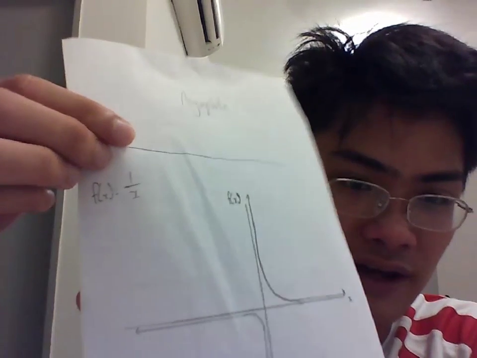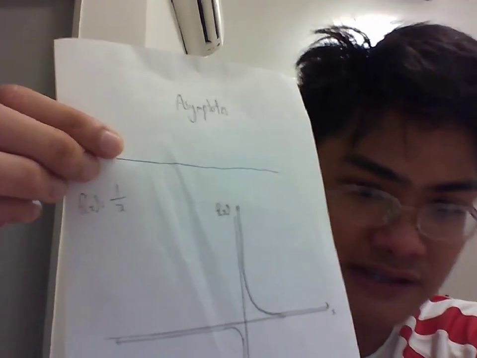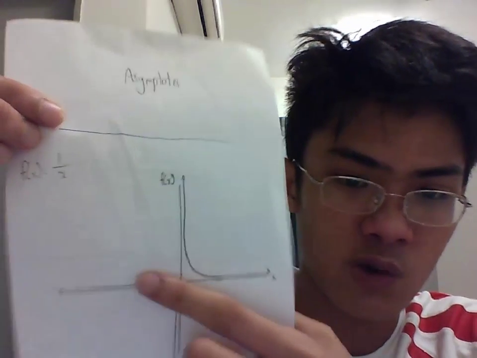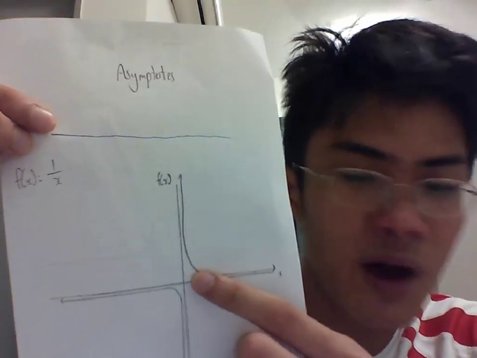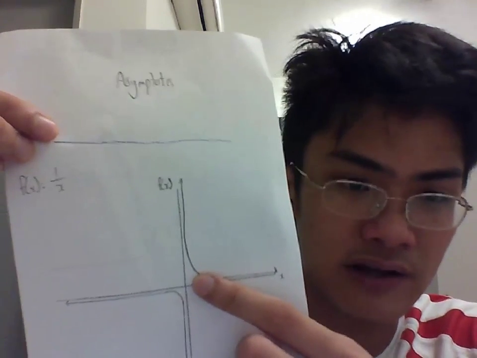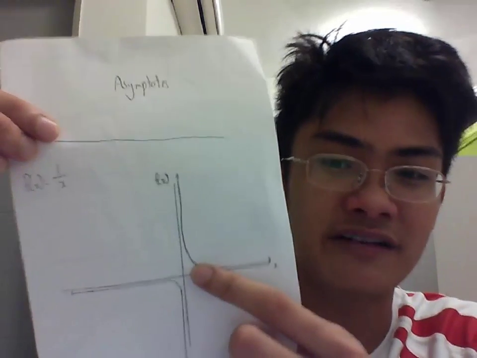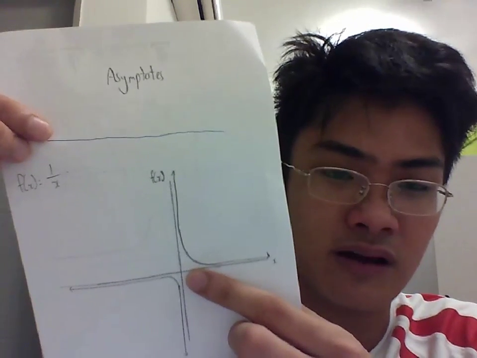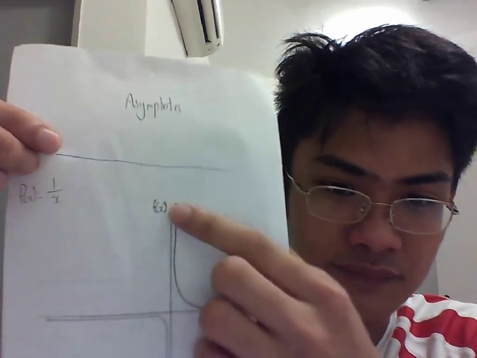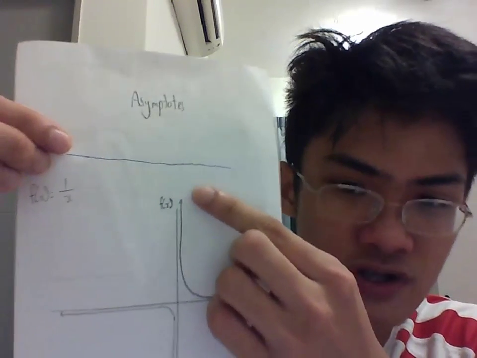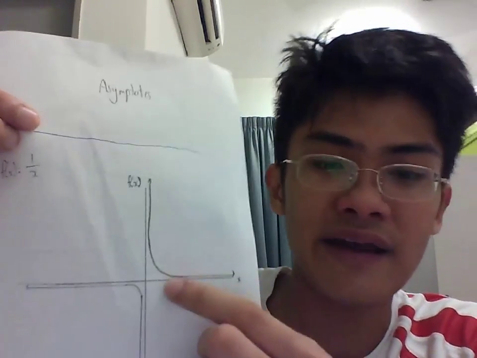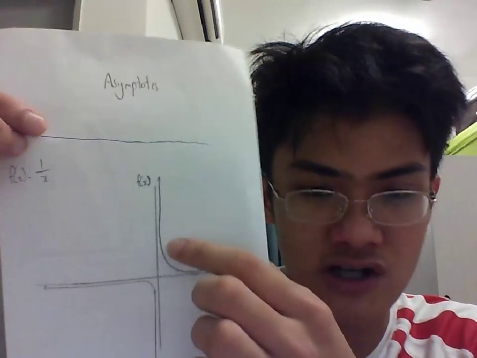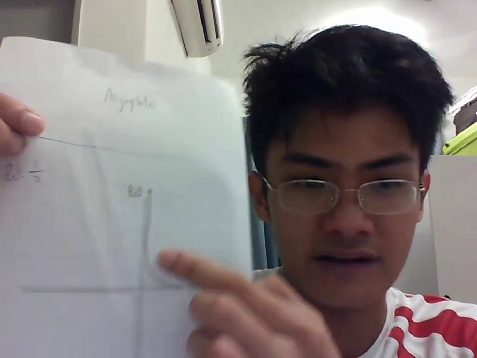For example, f(x) equals 1 over x. When x is 0, if we put 1 over 0, we are not going to get a value. 1 over 0 is undefined, because when x equals 0, there is no value. The curve is going to approach 0, but at x equals 0 itself, there is no y value because the curve never actually touches this line.